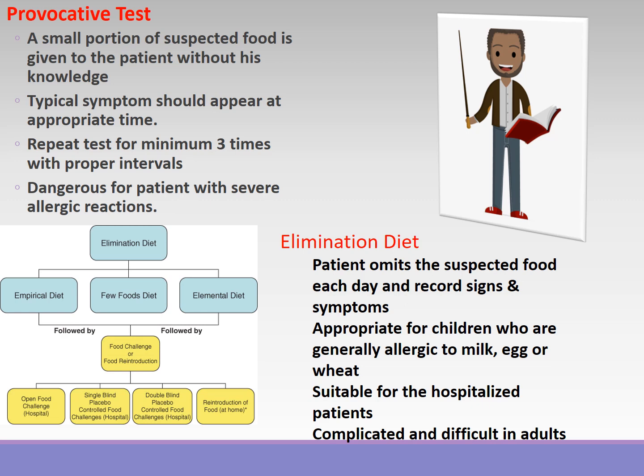With an appropriate number of days of recording, we may come to a conclusion that eliminating a particular food helps in eliminating the symptoms, so that we can conclude that the particular food is the antigen creating allergy in the patient. This is appropriate for children who are generally allergic to milk, wheat.